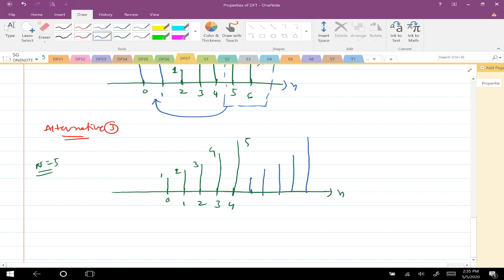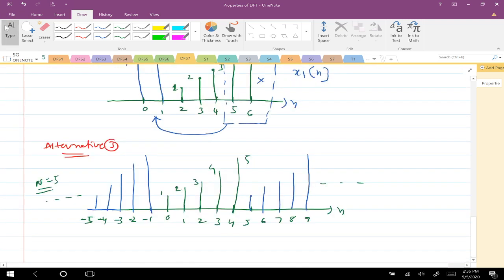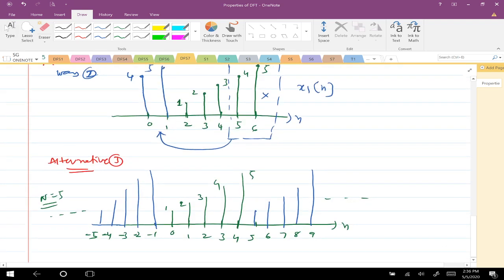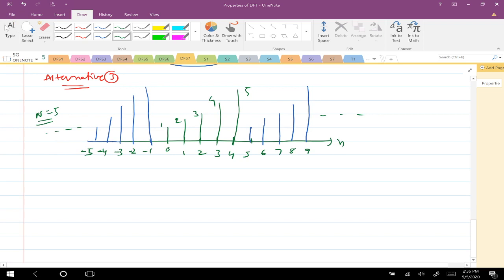So once you keep it, for example, here, then 5 would come here, 5 4 3 2 1, and of course this would be minus 1 minus 2 minus 3 minus 4 minus 5, and this would be 5 6 7 8 9, and of course on both sides you could have it, and you need to shift it by 2. For example, if you are doing the earlier operation in case of DFS, you shift it by 2 to the right.